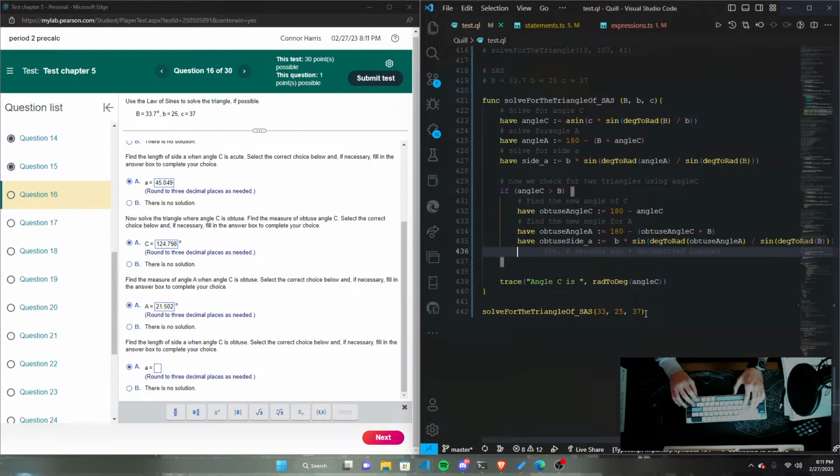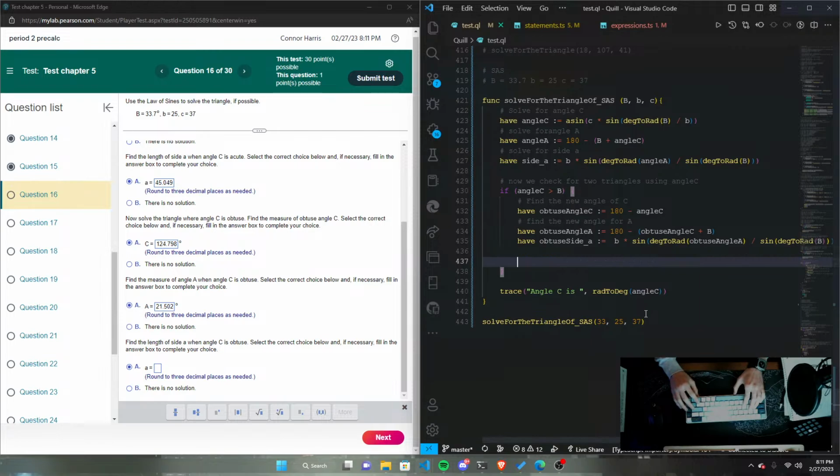Boom. Okay, and then we can just info all this information. So we say info, let's do trace. Since we have two triangles, we want to print out the original triangle, and then the triangle we have now. So let's do trace.